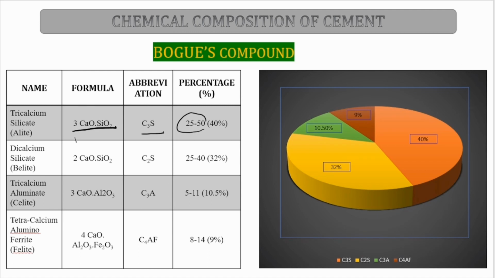It ranges from 25 to 50, but on average, we take it to be 40%. Similarly, the second one is dicalcium silicate, which is also called belite. This is the chemical formula. This is the abbreviation, and its percentage is between 25 to 40, and we take it to be 32% on average. You can see this in the chart itself. It's very clear. Similarly, for tricalcium aluminate and tetracalcium aluminoferrite, the percentages are 10.5% and 9% respectively.